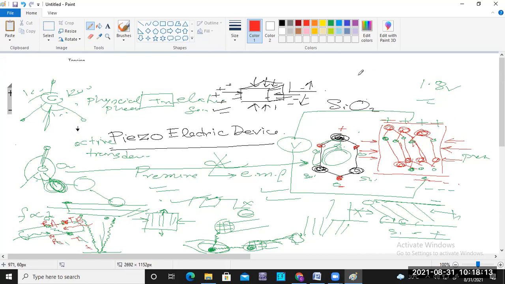This type of sound is produced by a piezoelectric device. This sound is produced by a piezoelectric crystal, because once we apply some voltage, it will expand, and when you remove it, it will compress. Repeated expansion and compression occurs, and then some sound is produced. This is the piezoelectric device.